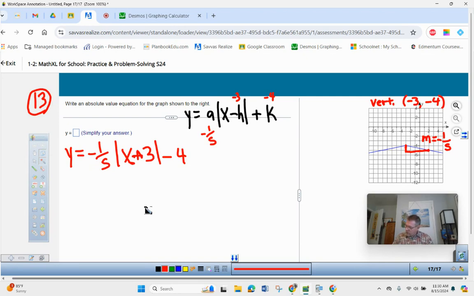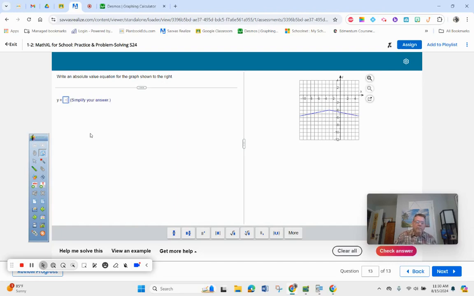We'll knock this baby out. -1/5, and there's the absolute value bars right there. x plus 3, kick out the absolute value bars, no square needed, minus 4.